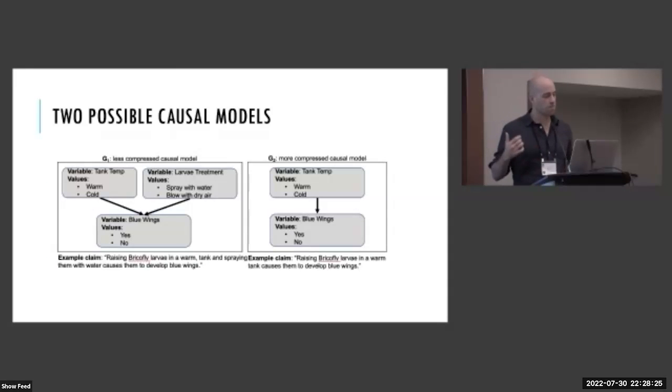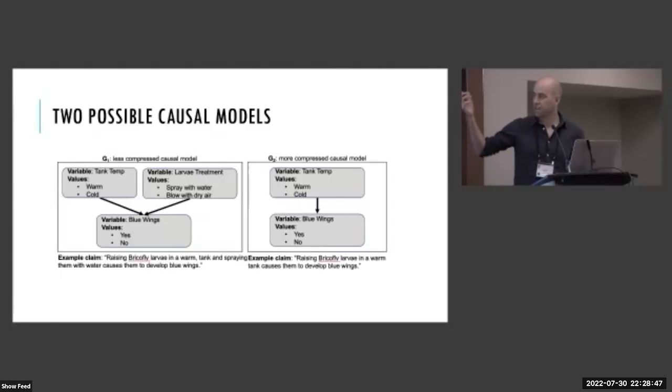We can have this causal model on your right, which is going to use two causal variables, one that tells you the tank temperature, warm or cold, one which tells you the larva treatment, sprayed with water or blown with dry air, and they both converge on this effect variable. Do the larvae develop blue wings? And you can read claims off of this, like raising brickyfly larvae in a warm tank and spraying them with water causes them to develop blue wings, right?